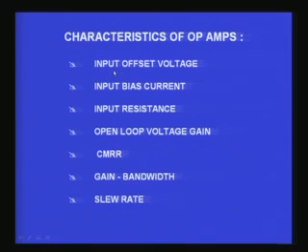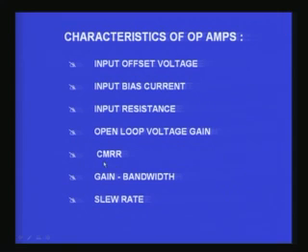So if you can see on the screen, the first characteristic is called the input offset voltage, then you have the input bias current, the input resistance, which is a very important characteristic for any amplifier, the open loop voltage gain, which is actually the large gain that is obtained without providing any feedback.